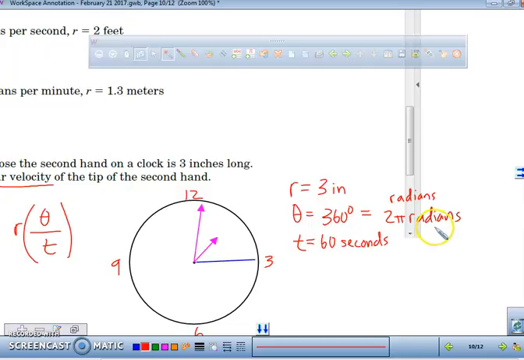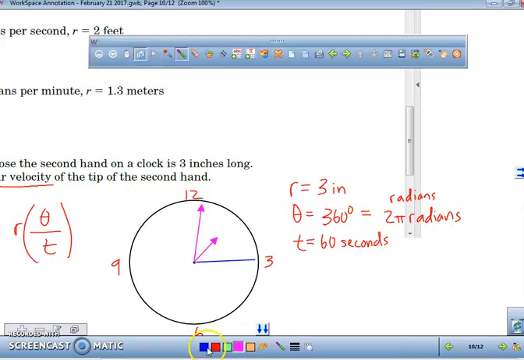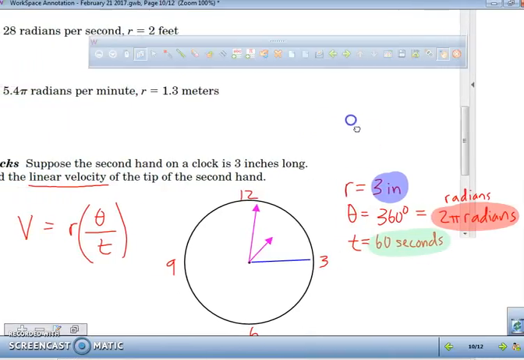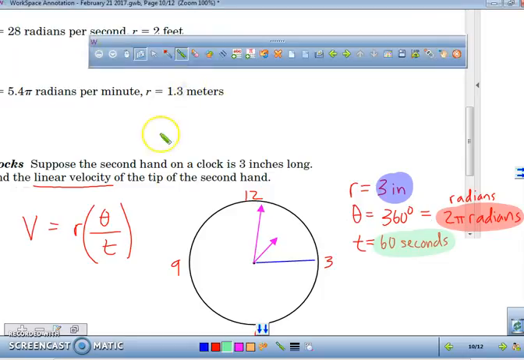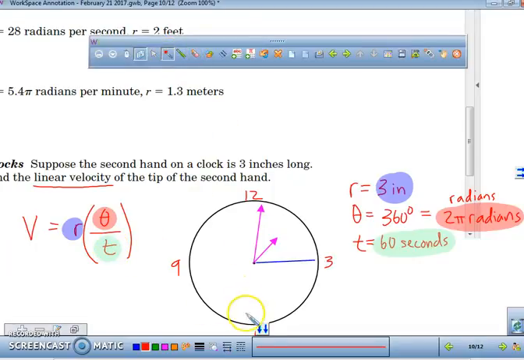So now I'm going to highlight what we have. We've got this guy, we've got this guy, and we've got this guy. And then we've got this wonderful formula over here. I'm going to plug in 3 for R. Then I'm going to plug in something for theta, 2 pi radians. And then I'm going to plug in something for time, 60. So let's plug them in.